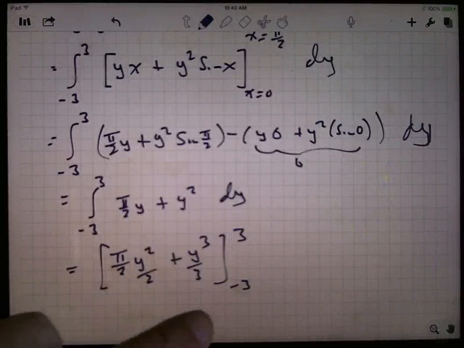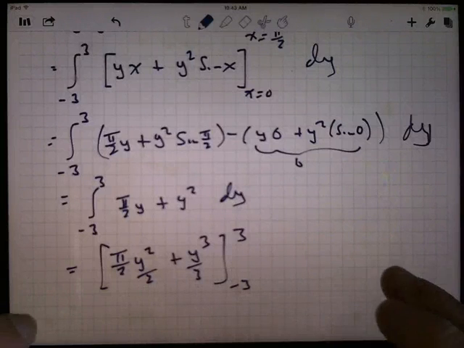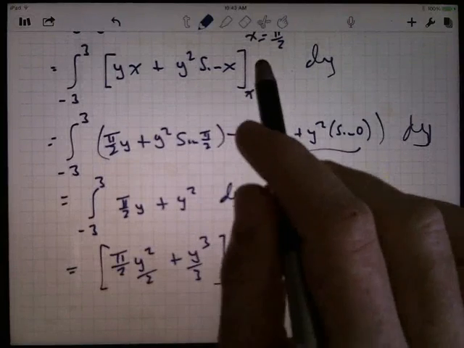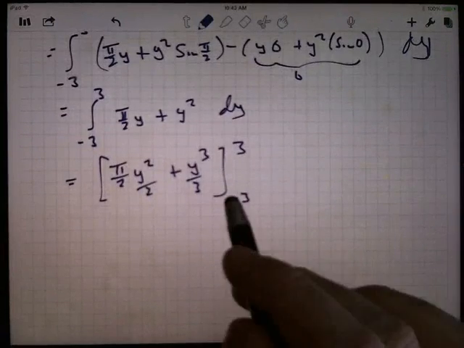Notice here I didn't say y equals and y equals because there's only one variable left. There's no confusion up here. Before, I might have been confused, so I did tell myself which variable I was plugging in.